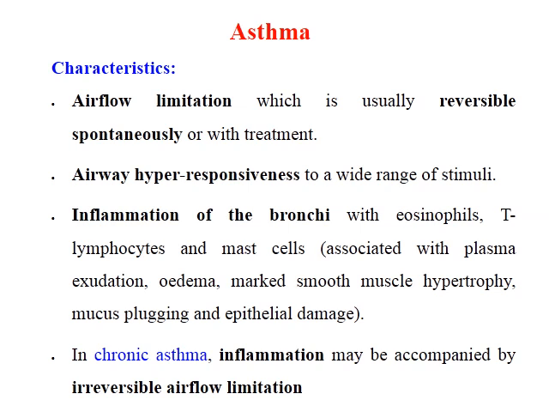Also, another patient can present with inflammation of the bronchi, in which there is an overactivity of inflammatory cells like eosinophils, T lymphocytes, and mast cells, which is associated with plasma exudation, edema, smooth muscle hypertrophy, overproduction of mucus, and epithelial damage. But in chronic asthma, inflammation may be accompanied by irreversible airway obstruction, which is the challenge.